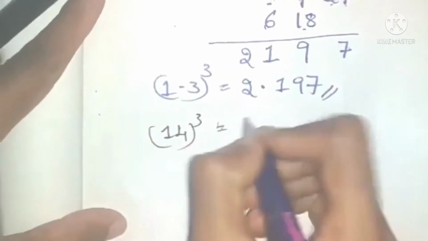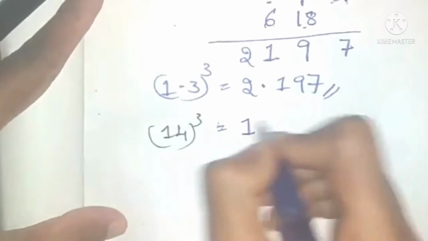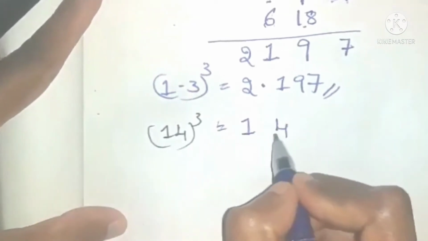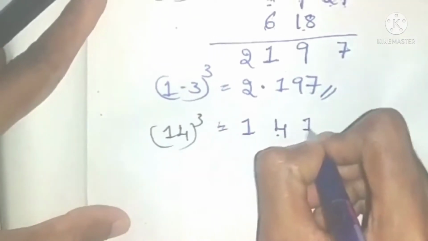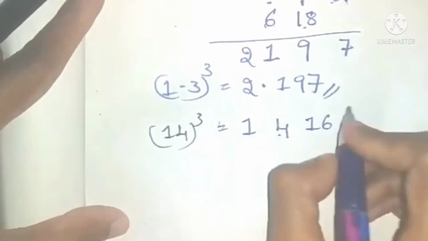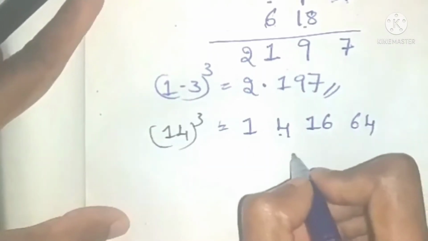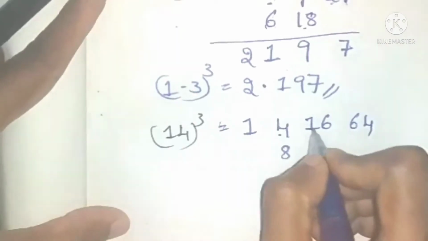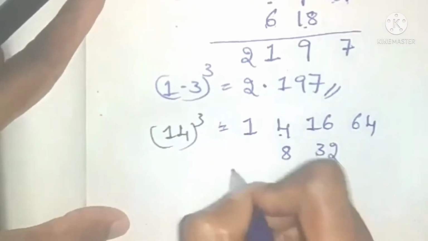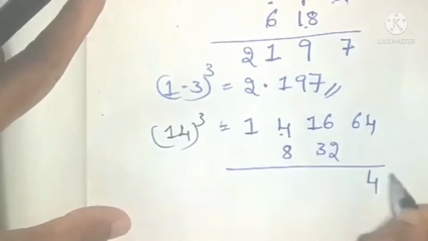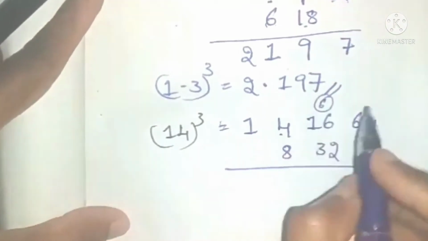So let's take one more number, that is 14 cube. Now write 1 and 4 as same. Now square of 4 we get 16. Cube of 4, it is 64. Leave the first term and last term, and next double this, that is 8, and here it is 32. Now take this 4 here and 6 as carry.